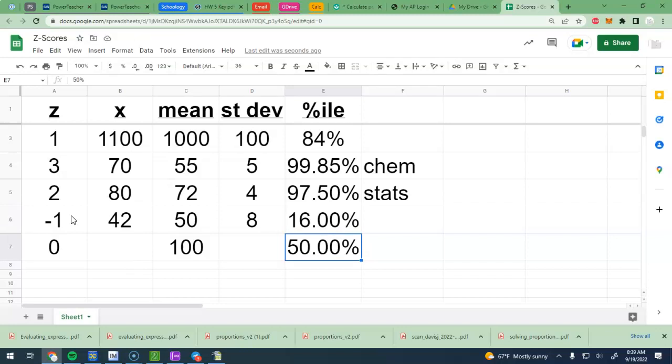So 50% is below that. If you are on the mean, you are 0 units away from the mean. So what is x going to have to be? It's going to be 100. And then does this matter? Standard deviation doesn't really make a difference. This could be anything. Because if you're on the mean, we're not counting how many standard deviations away we are. So it could be anything.